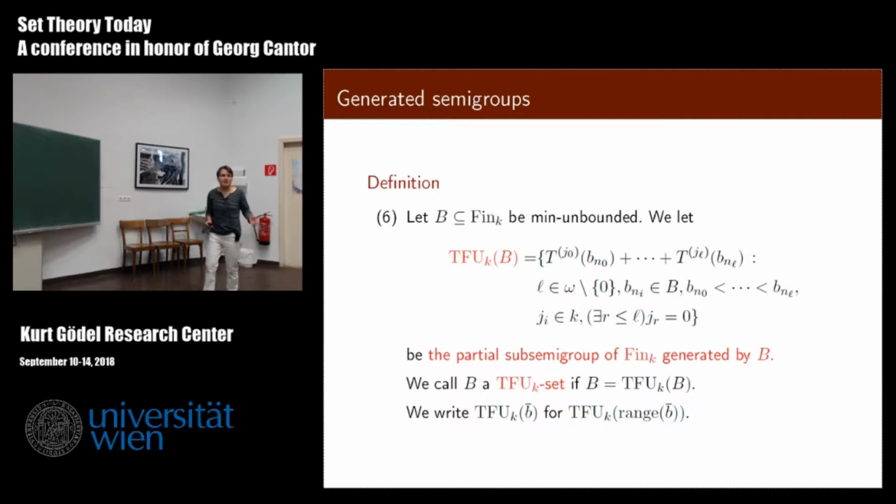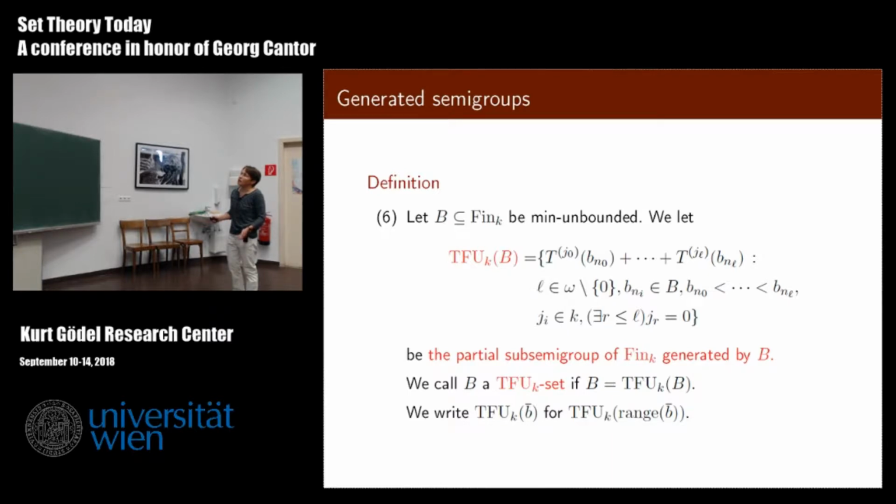The Hindman is the special one between 0 and 1, and there the Tetris operation is not visible, it just means dropping blocks. And a closed set is one whose generated semigroup is just the set itself. That is a TFUK set.